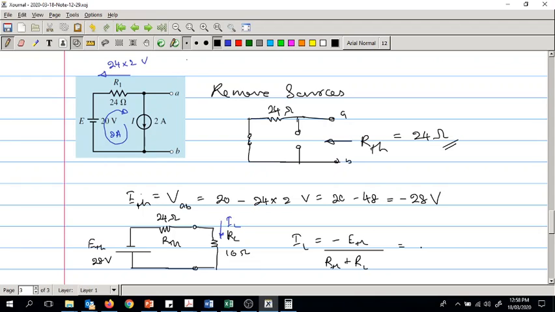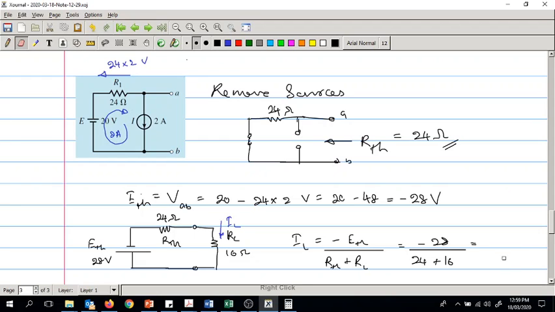So that is minus 28 divided by 24 plus 16. The minus is there because the actual current would be going upwards, and the current that we have marked is in the downward direction. However, if you want to mark the current in the upward direction, there is no issue in doing that. So minus 28 divided by 40.